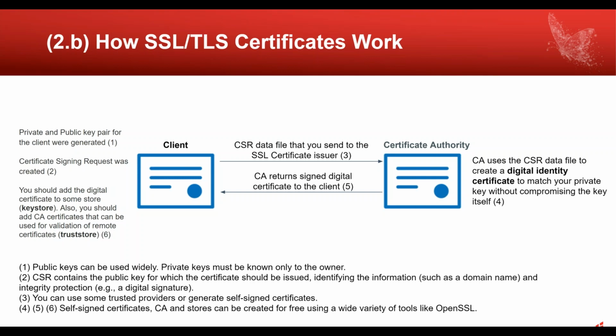Also, during SSL configuration, you can see the property named trust store. The trust store contains certificate authority details, and it will be used to validate the certificate that will be sent from the other side. Okay, let's go to configuration details.